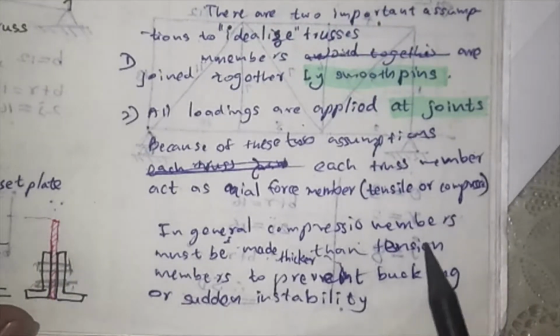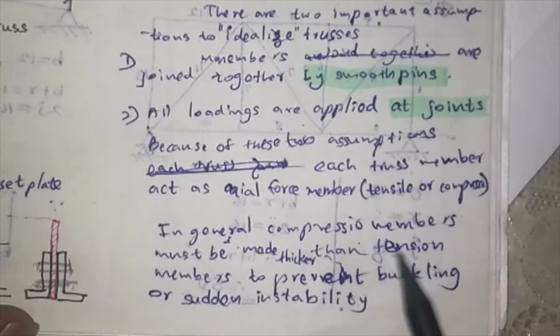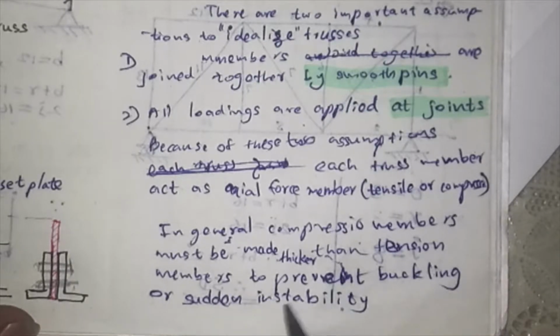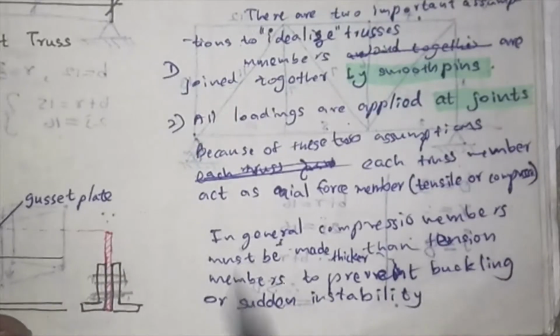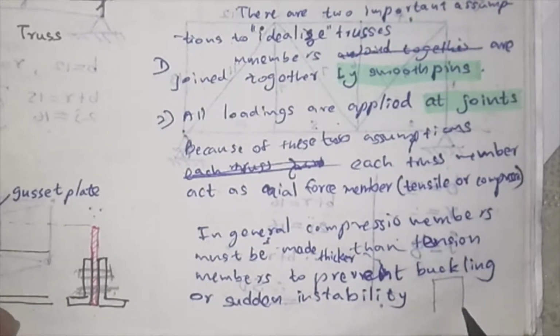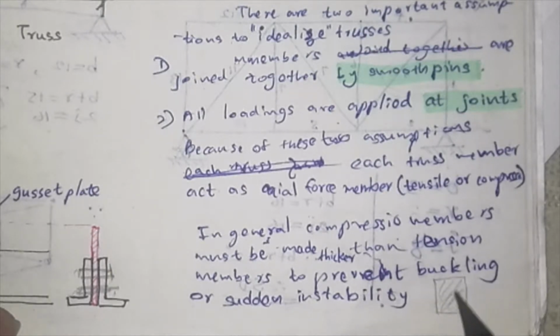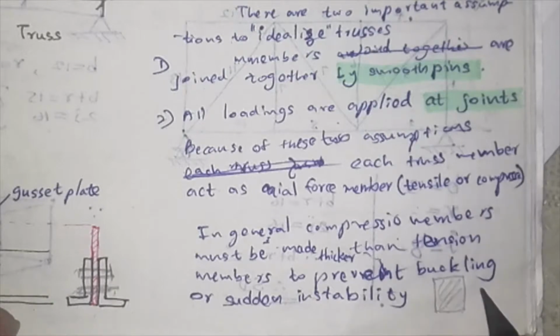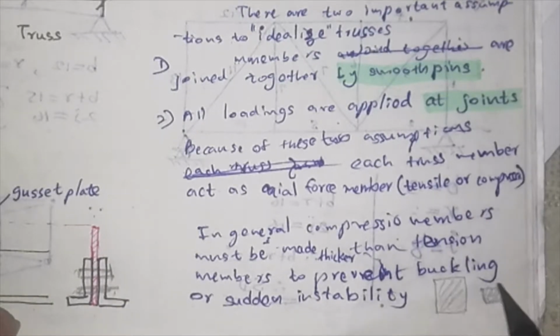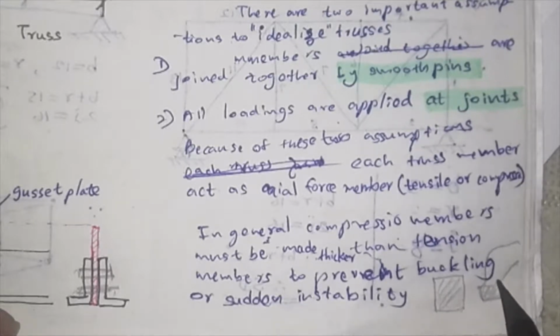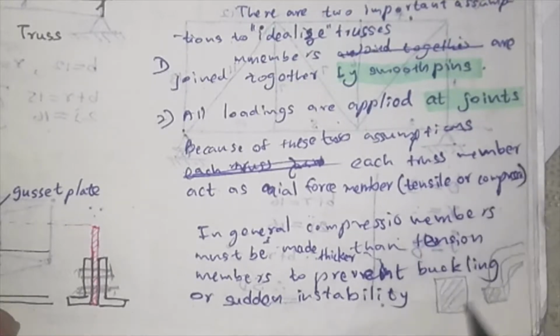In general, the compression members must be made thicker than tension members to prevent buckling or sudden instability. If we consider the section of the member, if it's larger, it can resist compression more. If it's small, when you compress the section, the entire section could buckle.